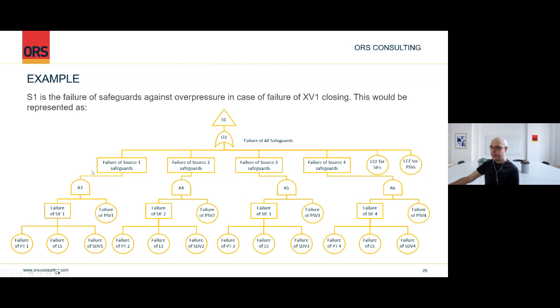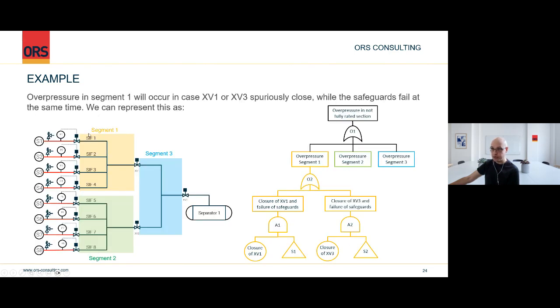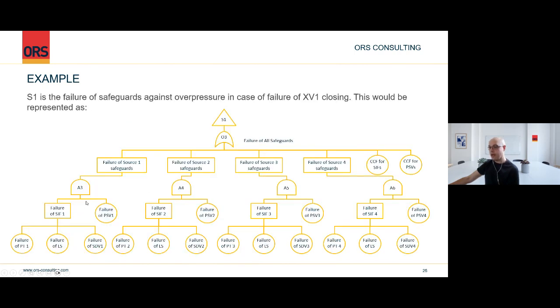So then the failure of the safeguards of any of these sources will be combined under an AND gate as the failure of the SIF and the failure of the PSV, right? So if the SIF fails and the PSV fails, then the pressure from here will manifest, right? So that's an AND gate. And a failure of a safety instrumented function, I forgot the gates here.